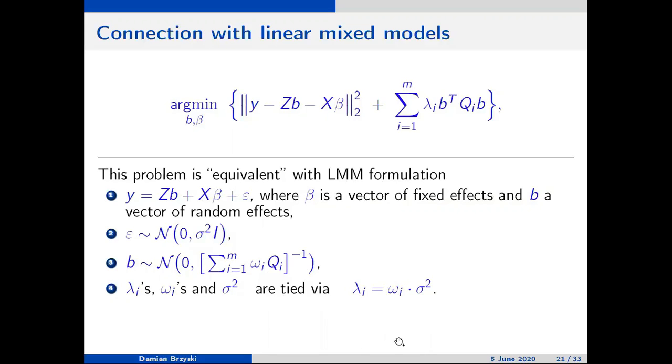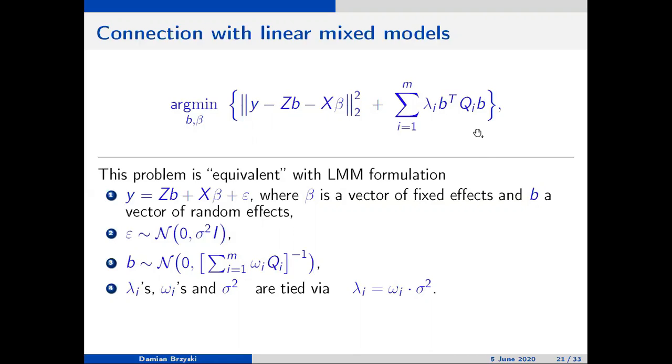So you can select those parameters, you can select lambdas, and you can, of course, solve this optimization problem. I didn't mention that, but here the most important and the most challenging problem is the selection of tuning parameters. Once you have that, solving this problem is easy because it has an analytical solution.